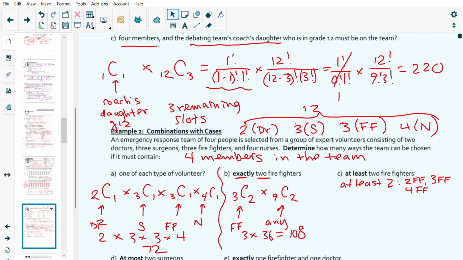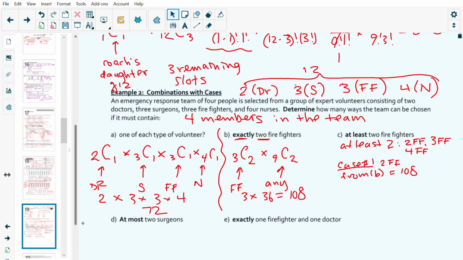If you mean at least 2, I can have 2 firefighters, 3, or 4. So that fits that definition. Similar to an example we did with permutations, we have to list out all the cases and add them all up. So case 1, 2 firefighters, and I'm just going to borrow that from B. What we just did equals 108.